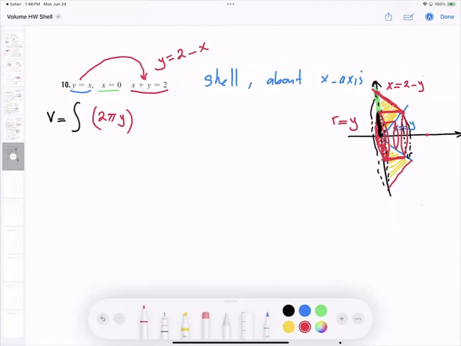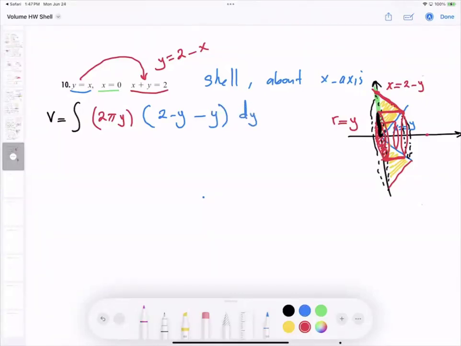You have a larger volume and a smaller volume, or you can set them up in one integral: you have this height, which is 2 minus y, and then you combine them together, minus the second one, which is just y, and then dy.